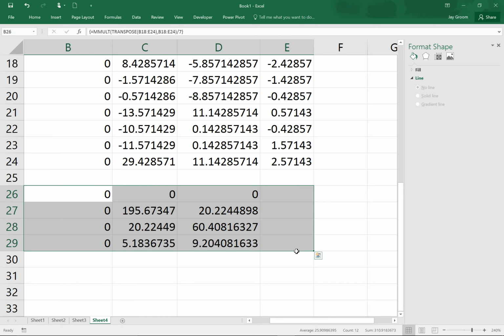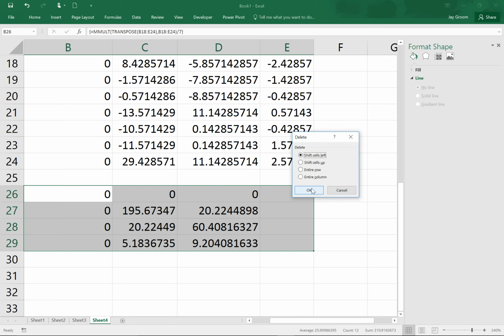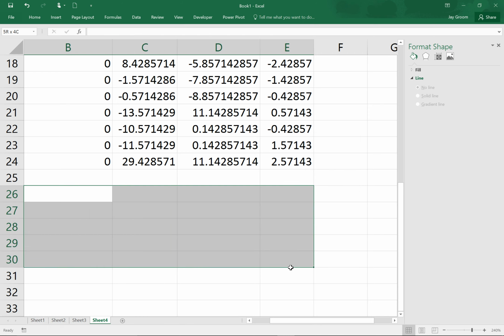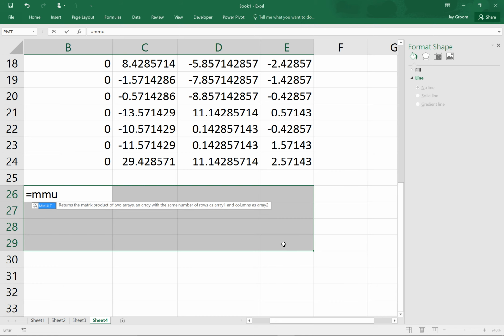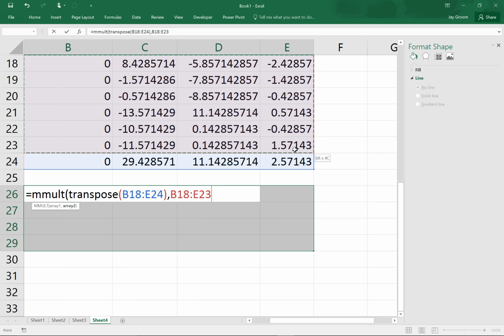Okay, let's try this again. So I'm going to try 4 by 4. I'm going to go equals MMULT of the transpose of that, there we go.